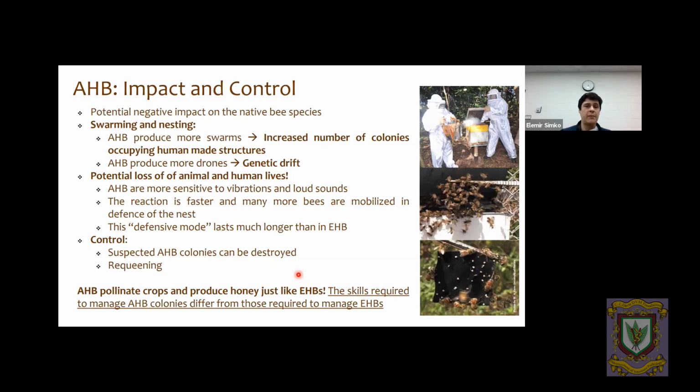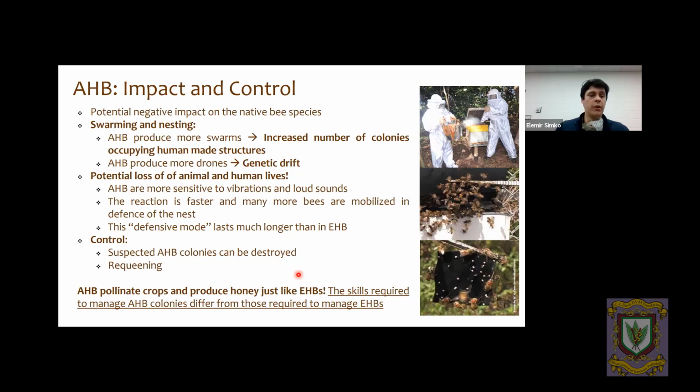In the southern USA specifically, the control of Africanized honeybees is sometimes recommended. So if you don't have the familiarity with dealing with bees, the best option would be to contact a professional to either destroy or remove the colony.